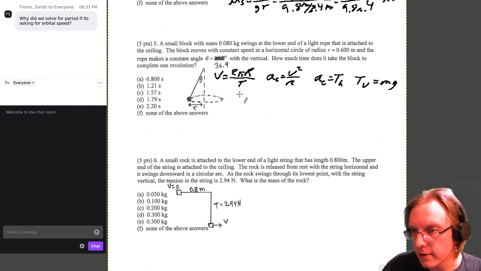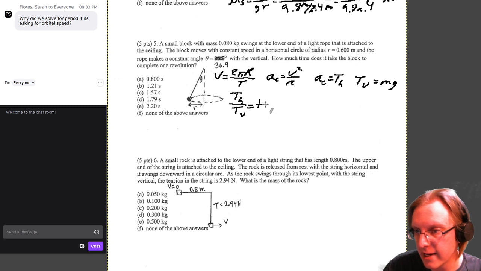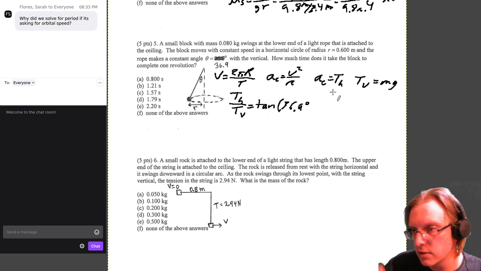So then we have that tension opposite would be hypotenuse over tension adjacent, the vertical, is equal to the tangent of 36.9 degrees. We need the horizontal.